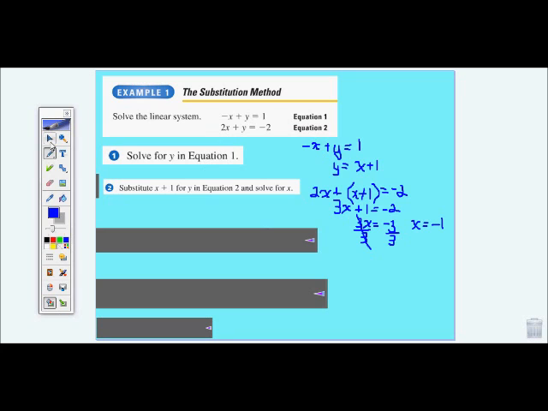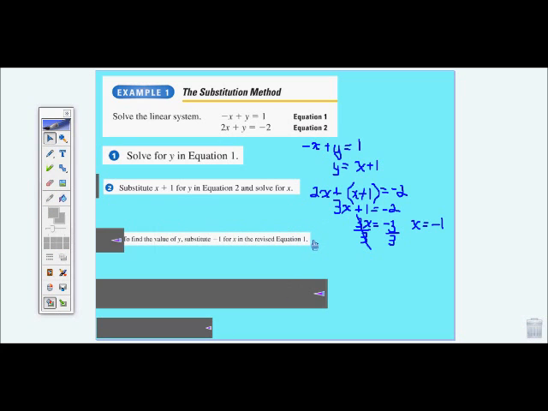My next step then is going to be kind of in reverse. To find the value of y, substitute the value we just found for x. So we just found an x. We're going to substitute that in, and we're going to go back to equation 1 because that's a simpler equation.